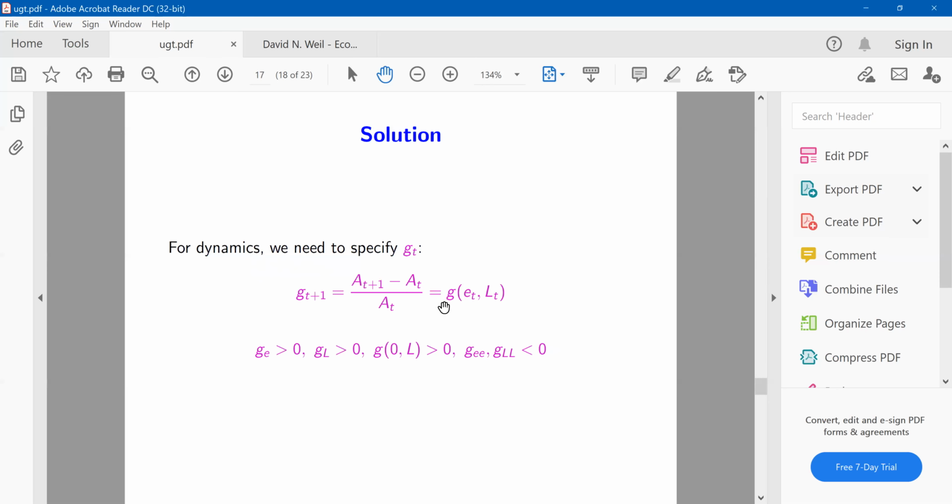One last thing is this. Productivity growth rate depends on education and population. Why population? Well, in the very, very long run, larger population means faster growth rate. But in modern times, this relationship basically disappears, right? This is the scale effect that we may have discussed before.